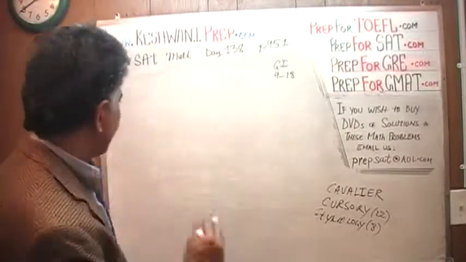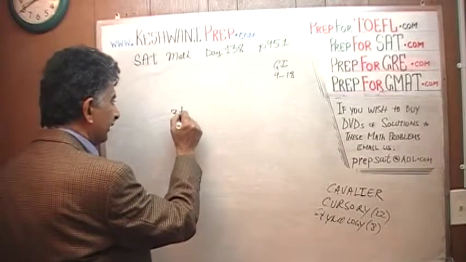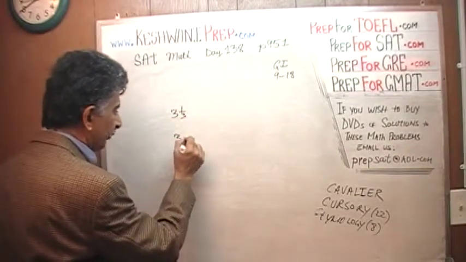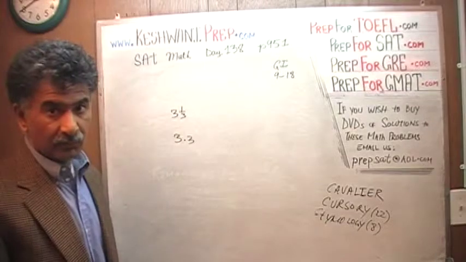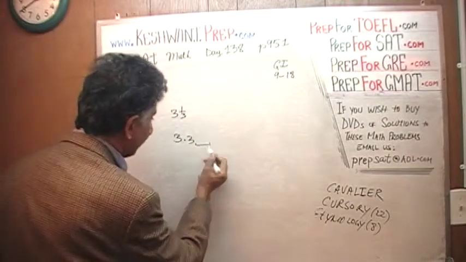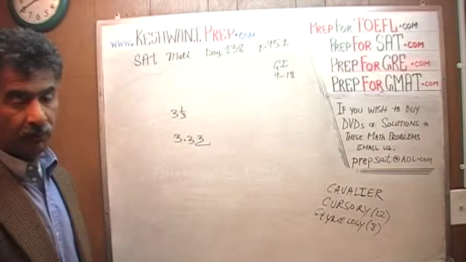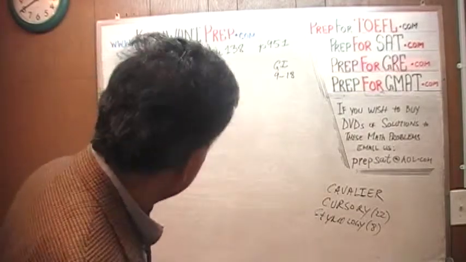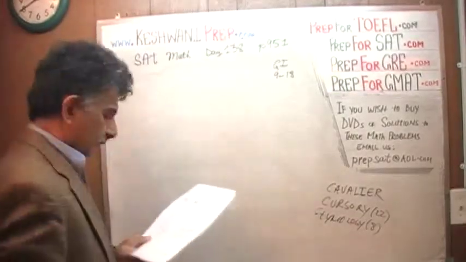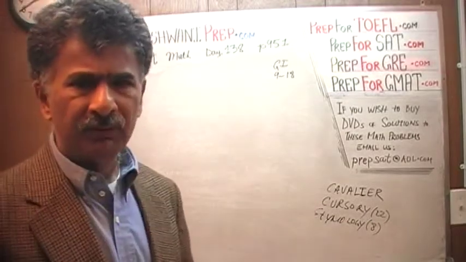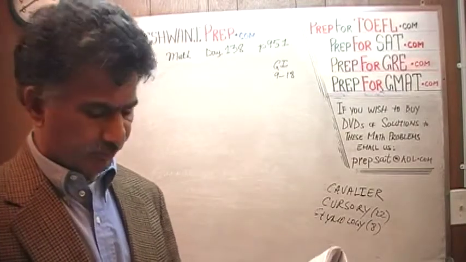Had it been 3 and a third, and if you just grid in 3.3, that will be marked wrong because there is one more space and you are expected to put another 3. And if you don't, they mark it wrong. So why mess with it? I don't want to go around memorizing those tedious rules. Just don't do it.